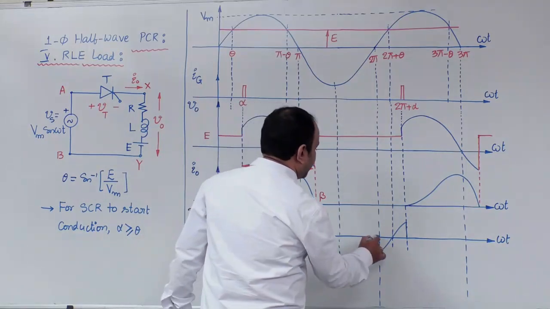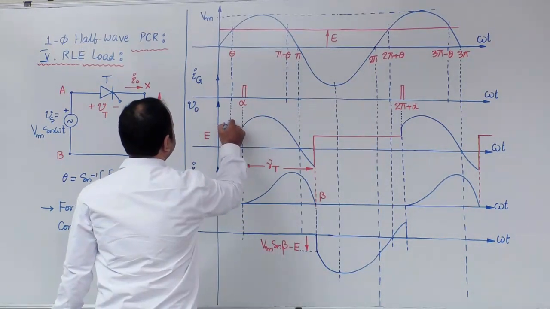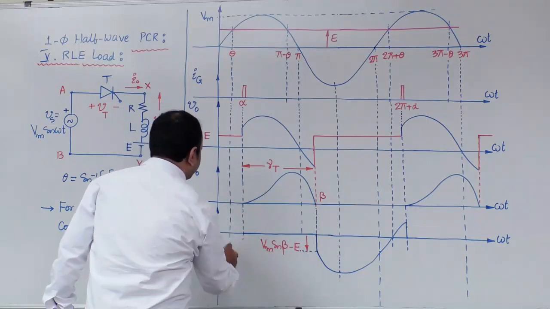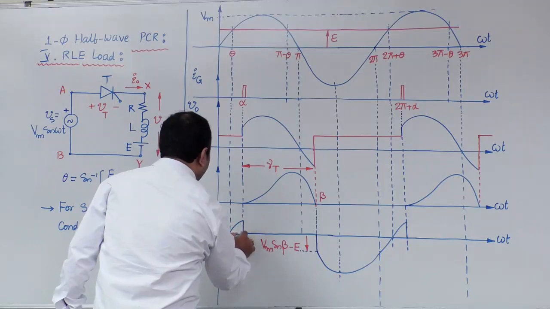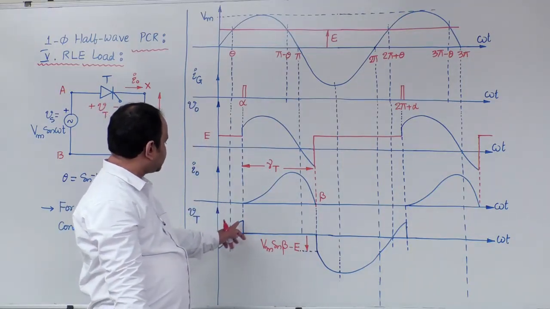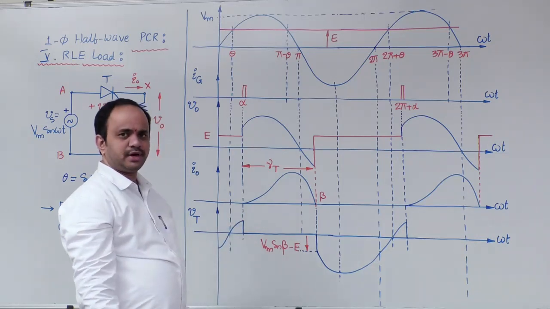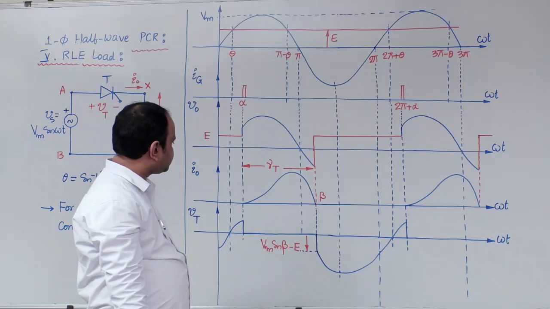Now here, the waveform from 2 pi to 2 pi plus alpha is the same as from 0 to alpha also. Okay, so this is about voltage across SCR.